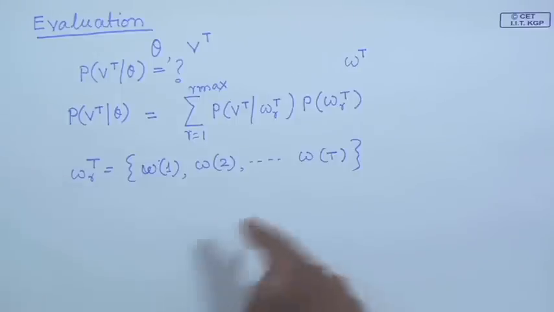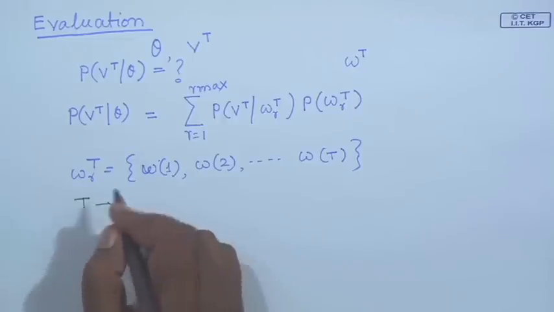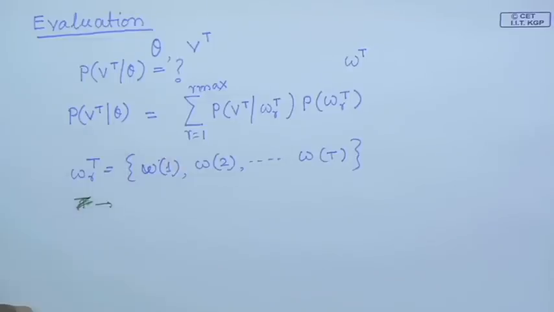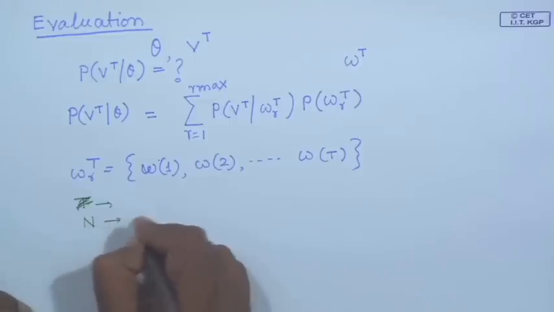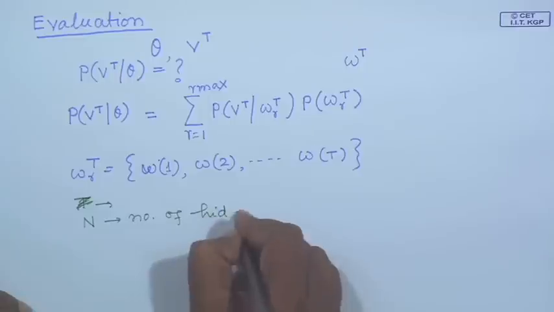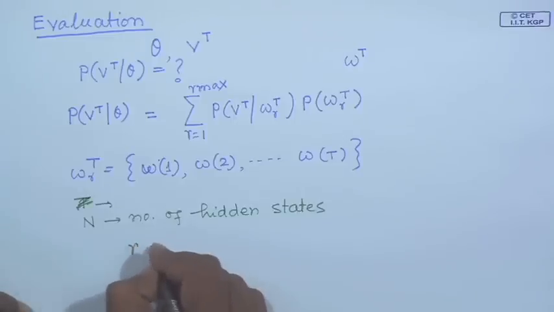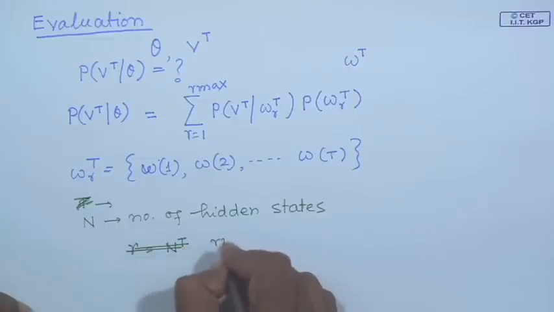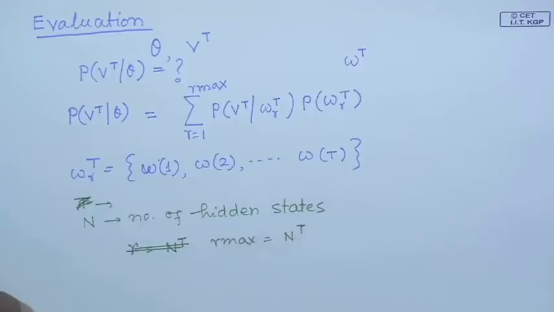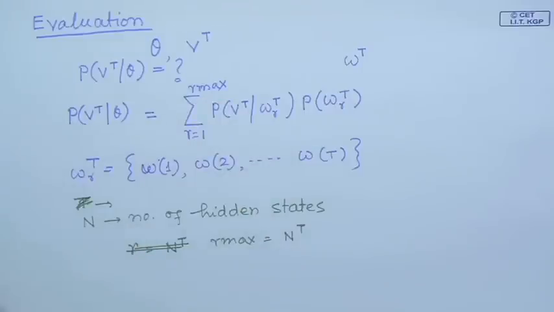Now, if there are, let me say, capital N number of hidden states, since T we are using for something else, then r max will be of the order of N to the power T. So, I will have N to the power T possible sequences of hidden states of length capital T. This is the value of r max.